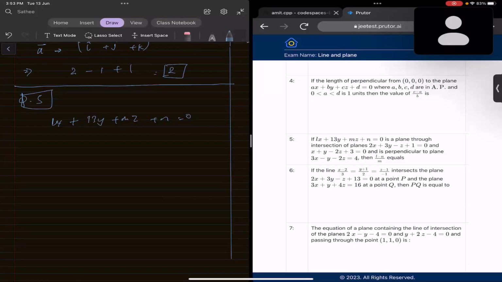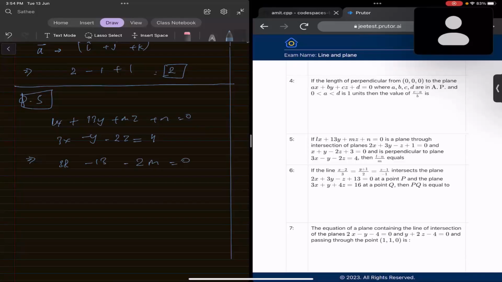So firstly, think about the DRs of the given plane. It is perpendicular to the plane 3x minus y minus 2z equal to 4. So we can write 3l minus 13 minus 2n equal to 0.